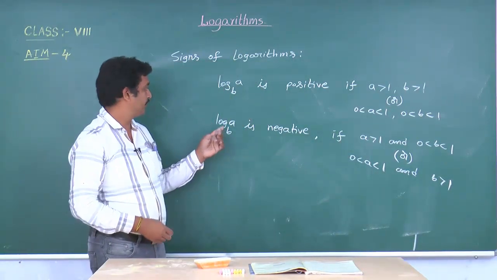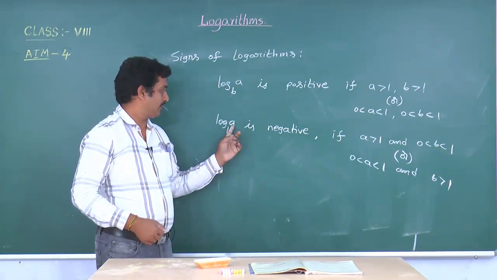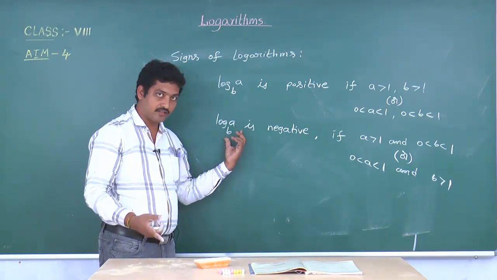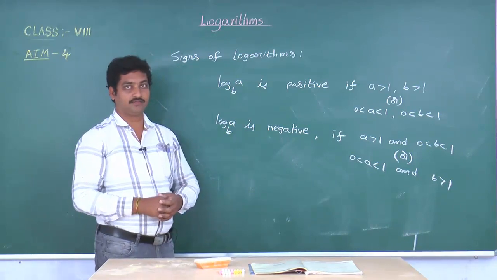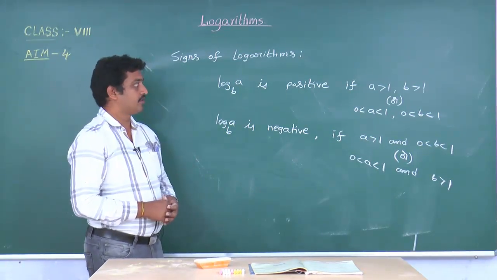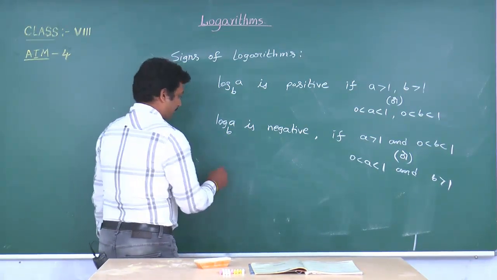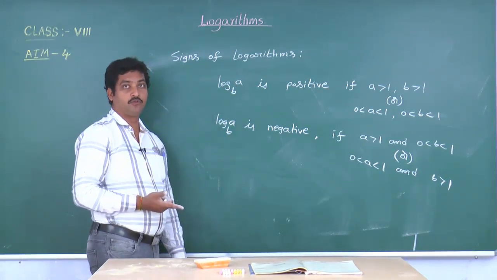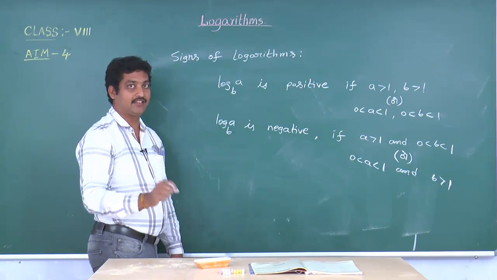That means either of these two lies between 0 and 1, the other one is greater than 1. Children, without following any process, by seeing the logarithm, now we are able to say its sign very easily.